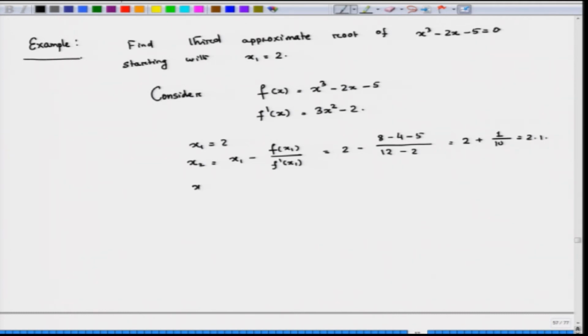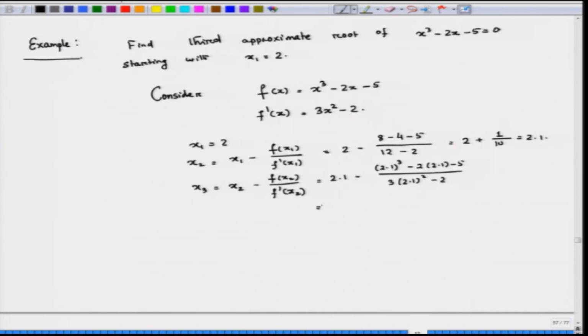Now, x 3 is equal to x 2 minus f of x 2 divided by f prime of x 2, which is equal to 2.1 minus 2.1 cube minus 2 into 2.1 minus 5 divided by 3 into 2.1 square minus 2.